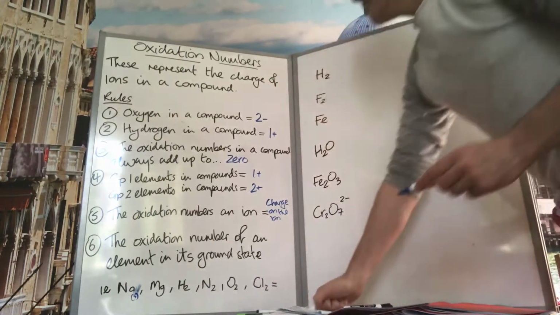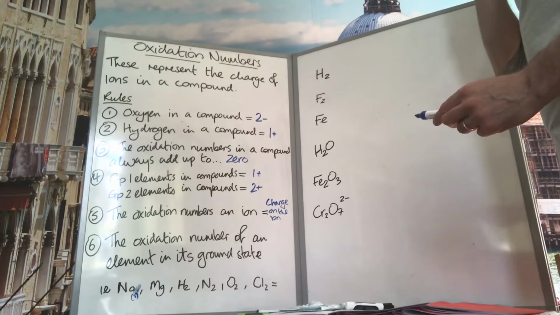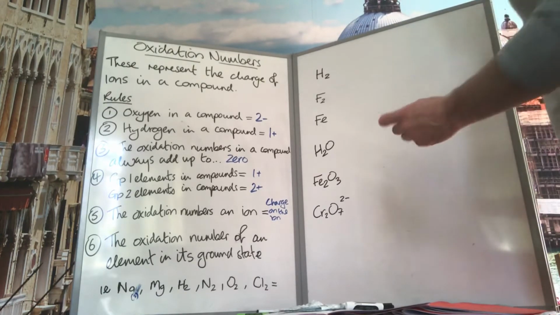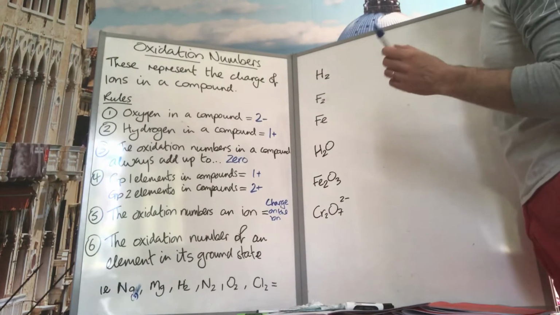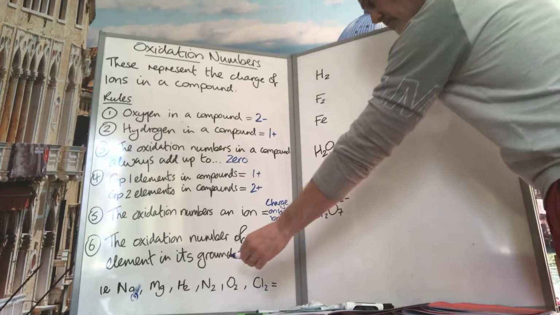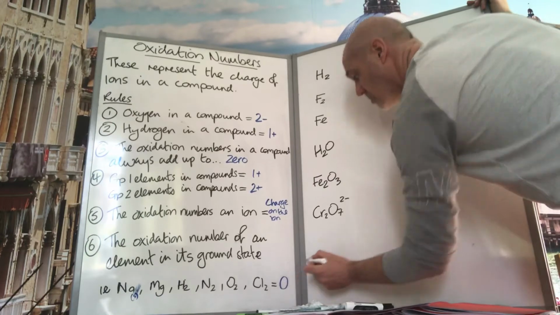Okay, so we apply those rules to work out the oxidation states for elements in these. Okay, so the first one here is hydrogen gas. It's a molecule, it's only bonded to itself. So therefore we can apply rule number 6. Oh sorry, I forgot to tell you, that's 0.